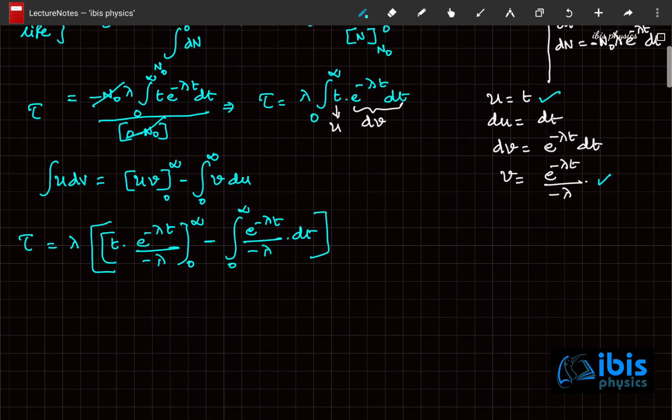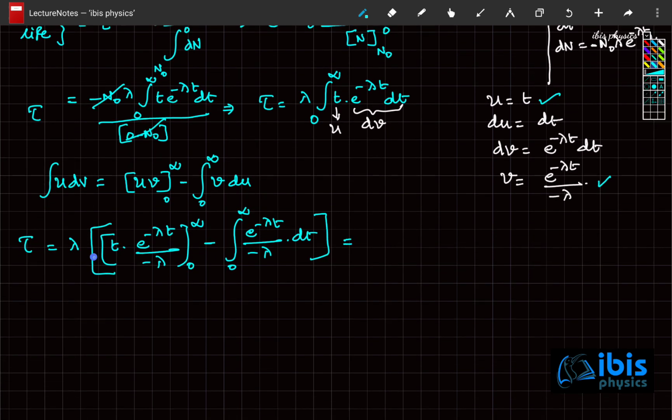So then the next steps are, lambda is out, and here when you substitute the upper limit, t is infinity, e power minus infinity into lambda becomes minus infinity, by lambda will be minus. Lower limit t is 0, so t is 0, e power minus 0 into lambda is 0, divided by minus lambda.